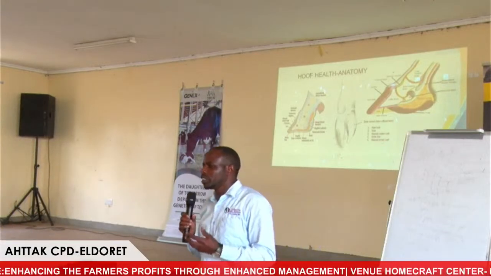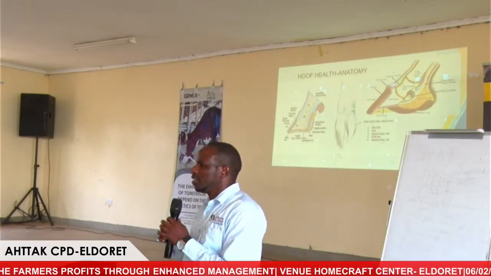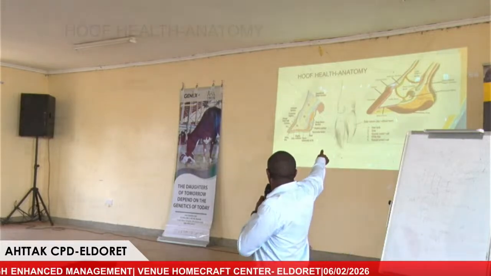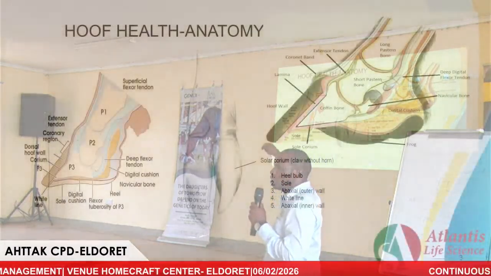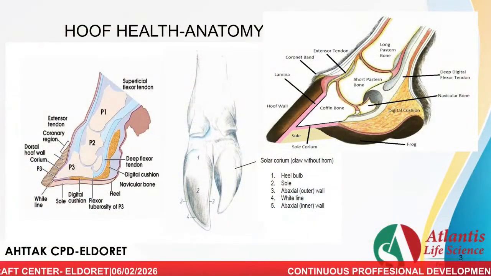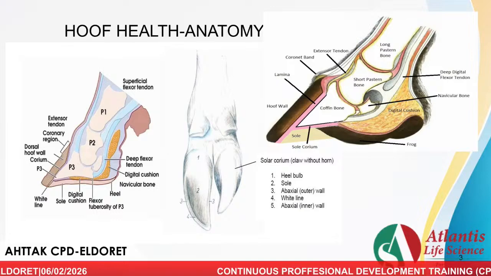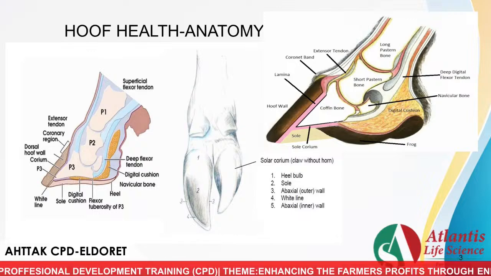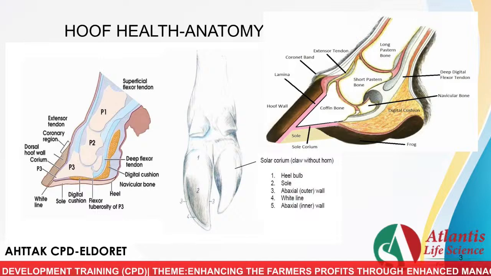Because of laminitis, the attachment between the petal bone and the hoof wall will be weak. Therefore, the petal bone will be rotating because there is no bond. The distal or navicular bone will then act as the fulcrum, bearing the weight of an animal.